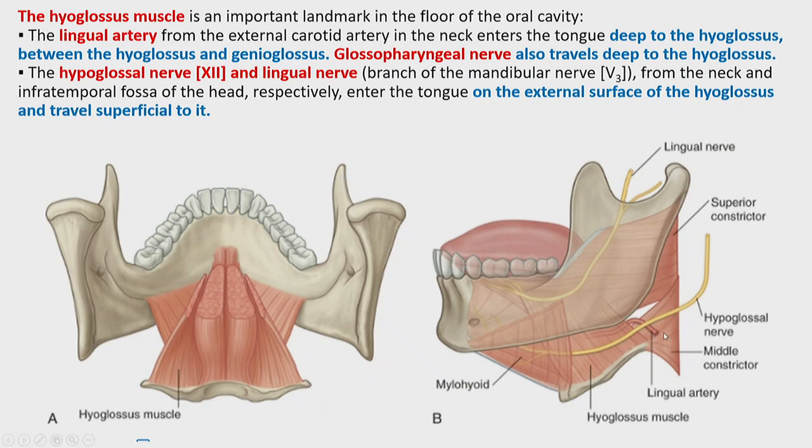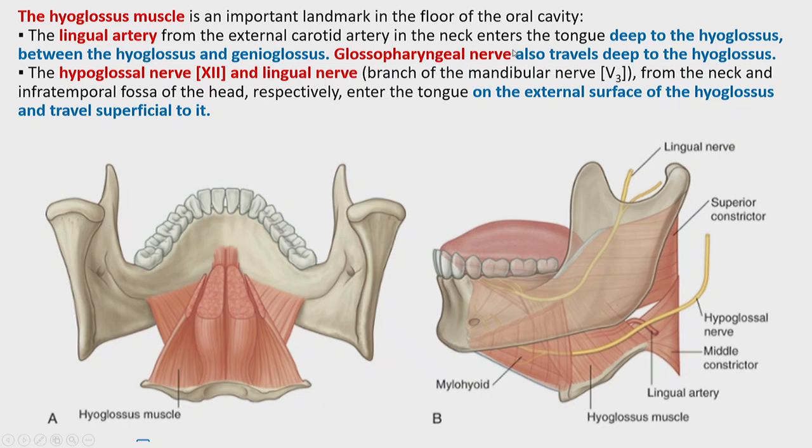This lingual artery passes through the oropharyngeal triangle, goes upward, makes a loop, and goes deep to the hyoglossus muscle. So this is the lingual artery.